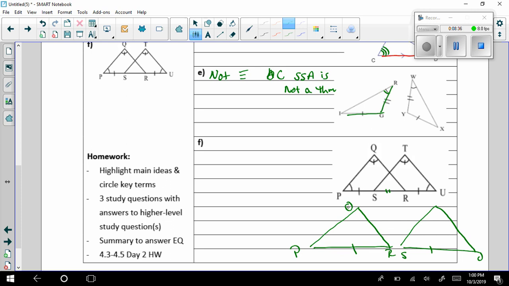We know that Q is congruent to T, and then we know that R is congruent to U. So we have angle, angle, side. Well, that is a good enough reason to state. So PQR is congruent to UTS by angle, angle, side.